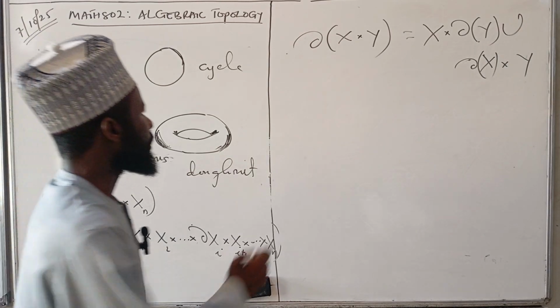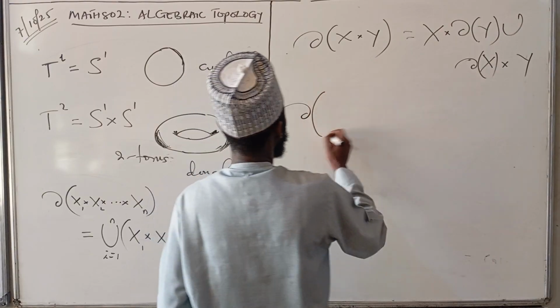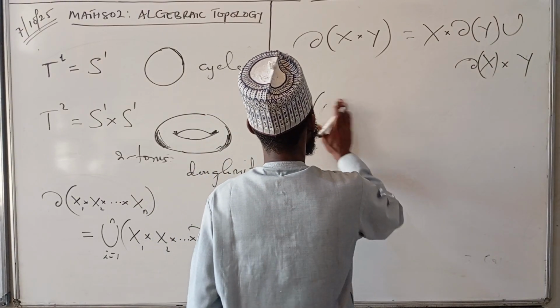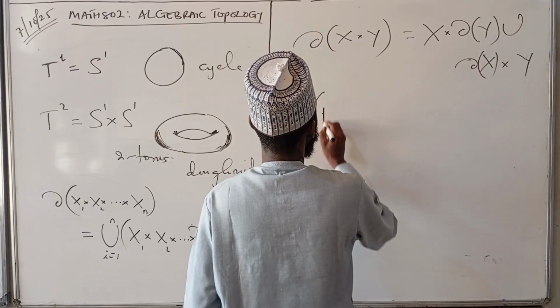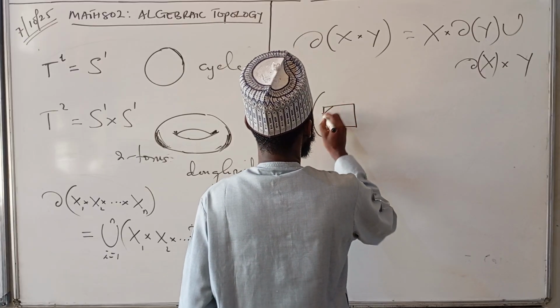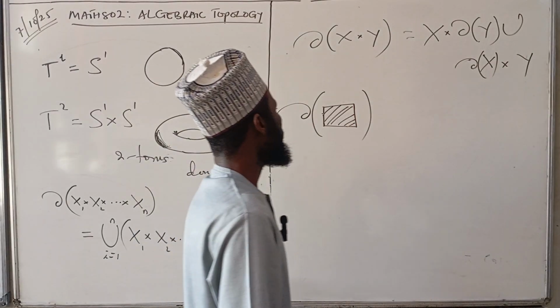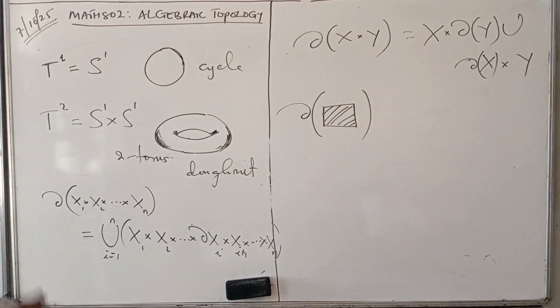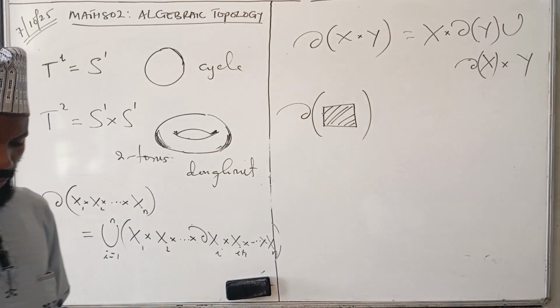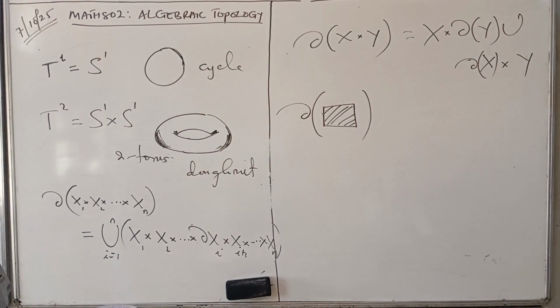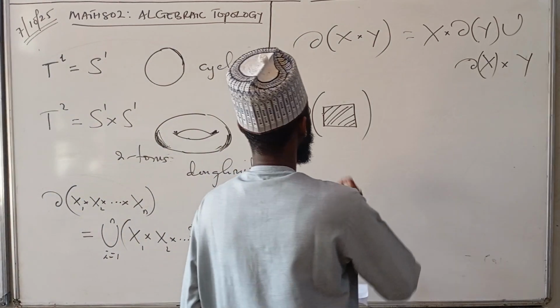So when you are looking for the boundary of X1 cross X2, what will it be? It will be the boundary of X1 cross X2, union X1 cross the boundary of X2.